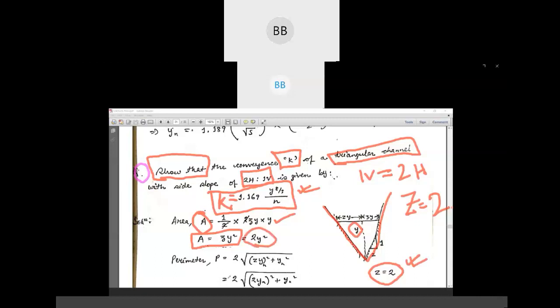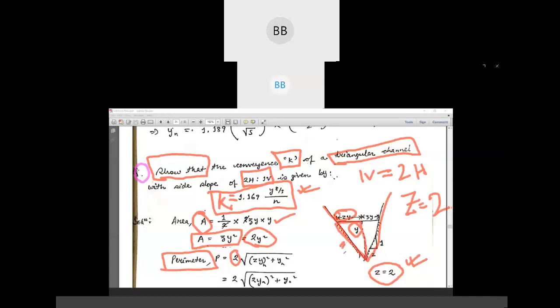Then we move on to wetted perimeter. This side and this side will be the same, so it is multiplied by twice root over this side square plus this y square. We consider this triangle.